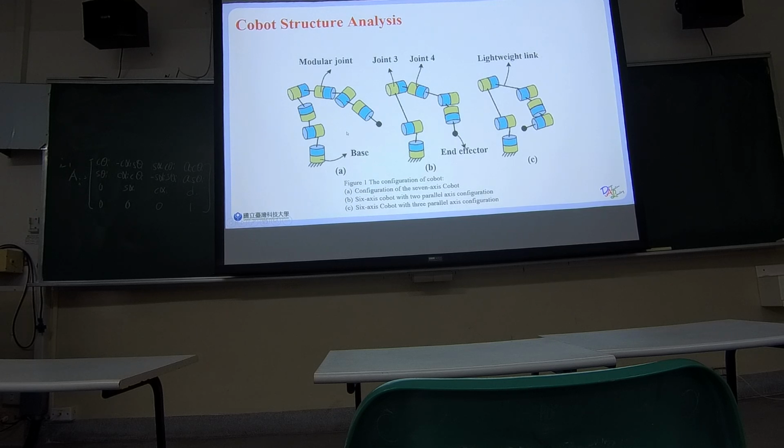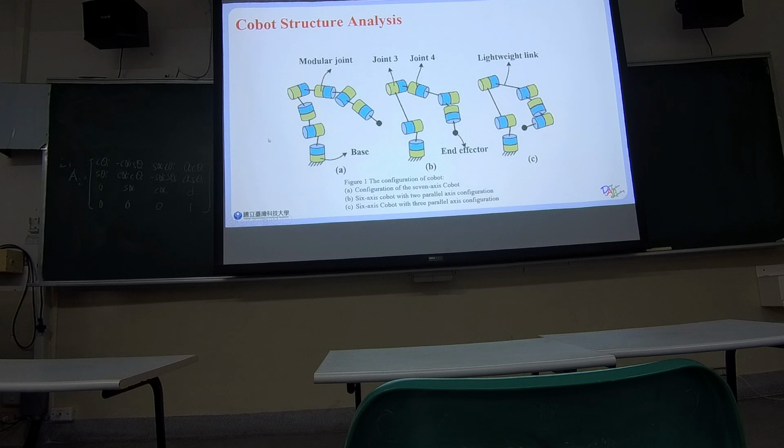Cobot structure analysis. Next, let's delve into the structure analysis of collaborative robots. The structure of a cobot typically includes multiple interconnected joints and links, allowing a high degree of flexibility and precision. These joints can range from simple 6-axis to more complex 7-axis setups.